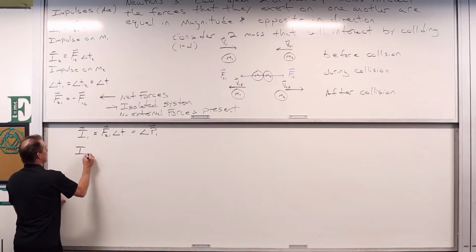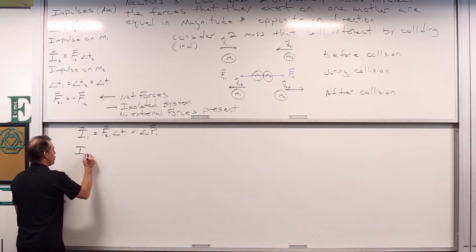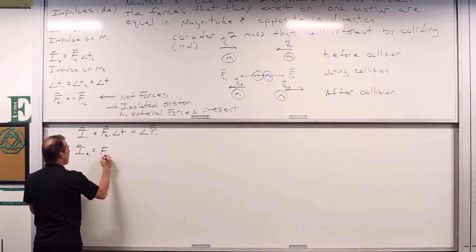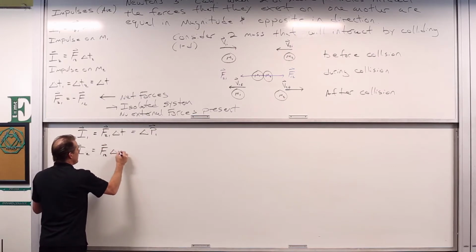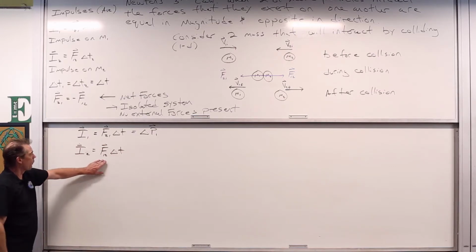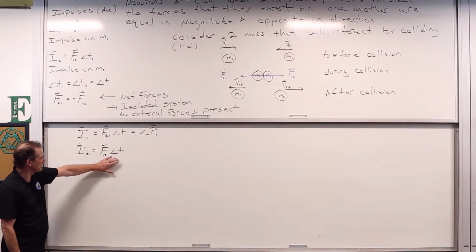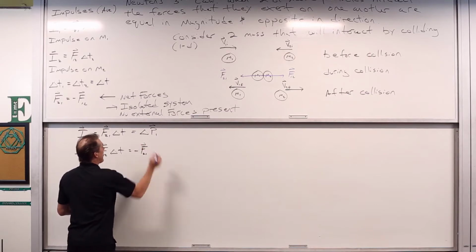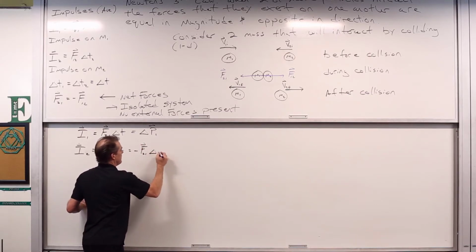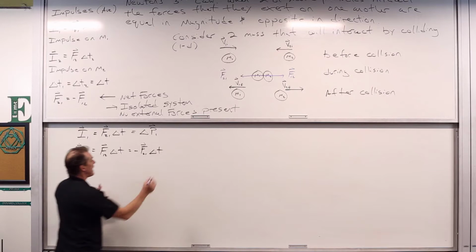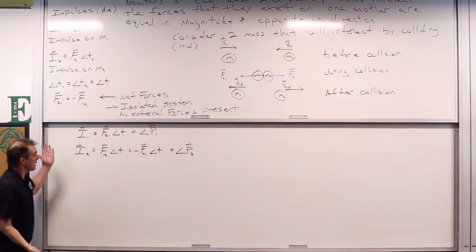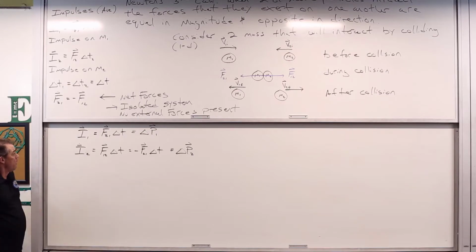We've got the impulse on object 2. Well, that is equal to F12 hat delta T, but we can write F12 hat delta T as negative F21 hat delta T, and that is going to produce the change in momentum of object number 2, because that's the impulse on object number 2. So what do we have here?